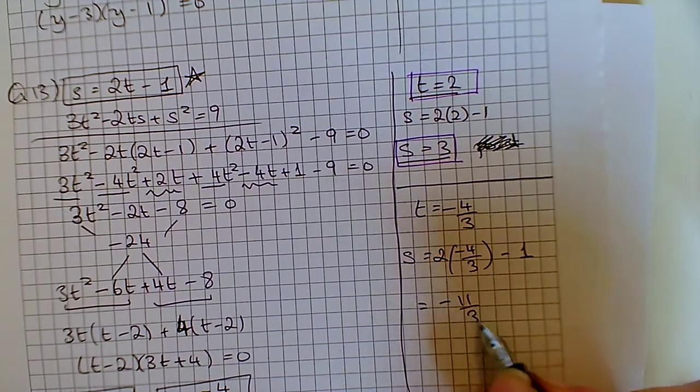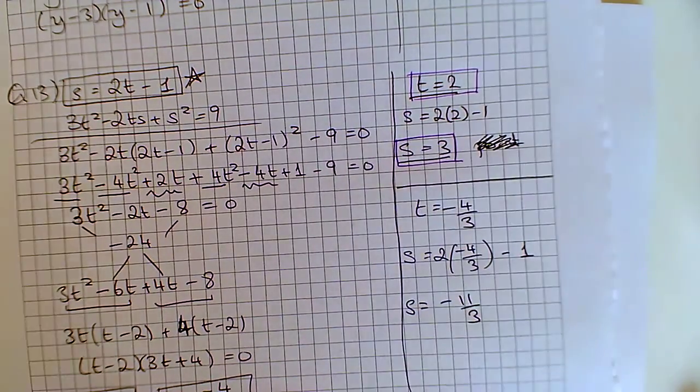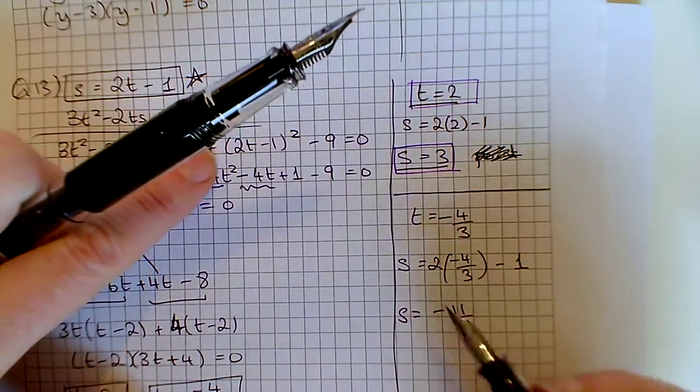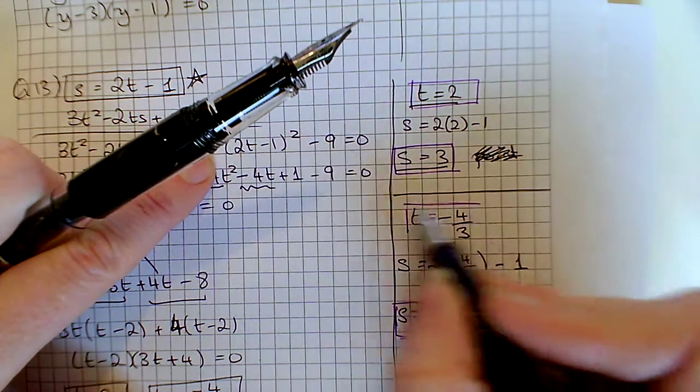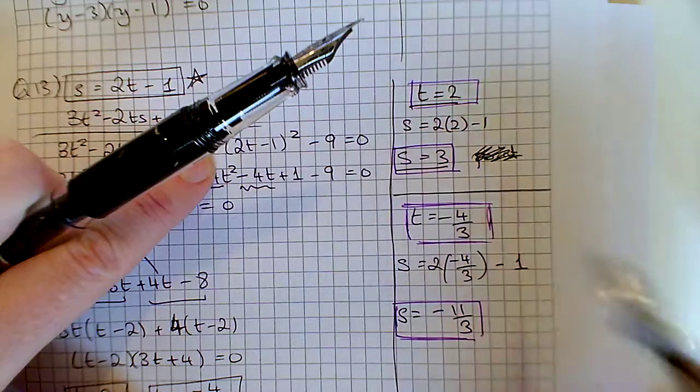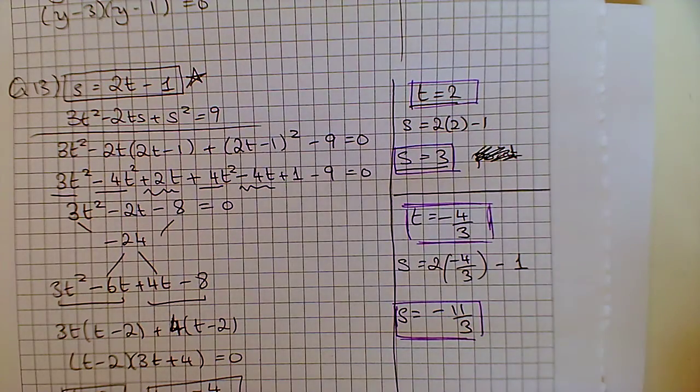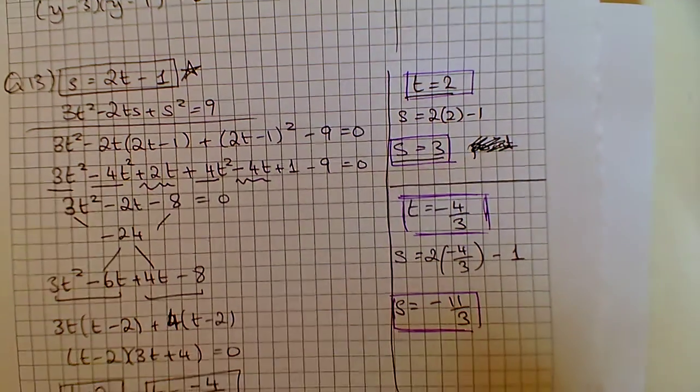Just leave it like that because they will be recurring decimals, so we don't want to have a rounding error. If it was something simple like over 2, it's fine to change it to a decimal then. Okay, we're nearly there now. Questions 14 and 15 to go.